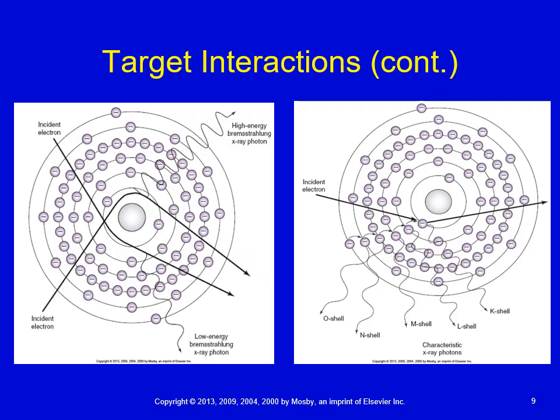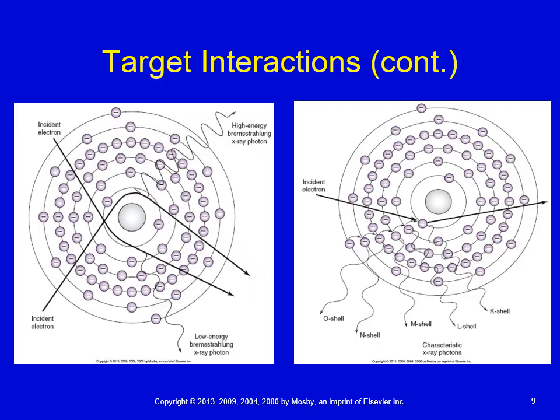So outer shell electrons will drop in to fill the vacancy in a cascade. When the K shell is vacant, the L shell electron will drop in to fill the vacancy. Now we have an L shell vacancy. To fill the L shell vacancy, the next shell beside that one is the M shell. So the M shell will drop in to fill the L shell vacancy. And that process will continue until all of the inner shells are filled.